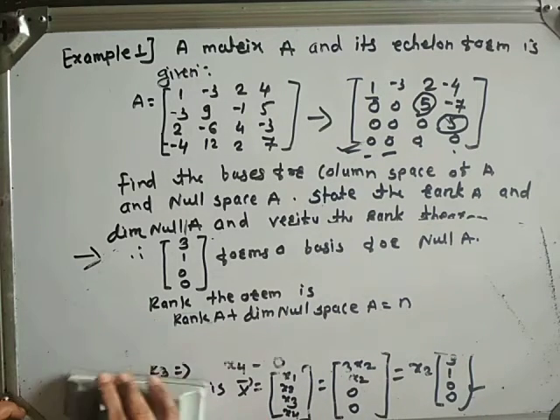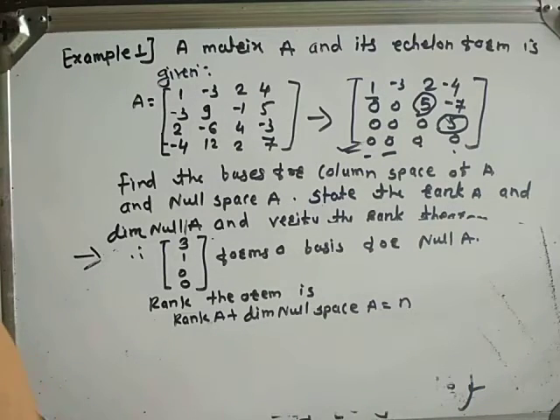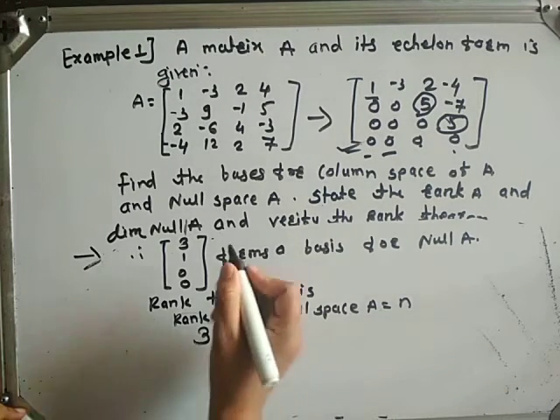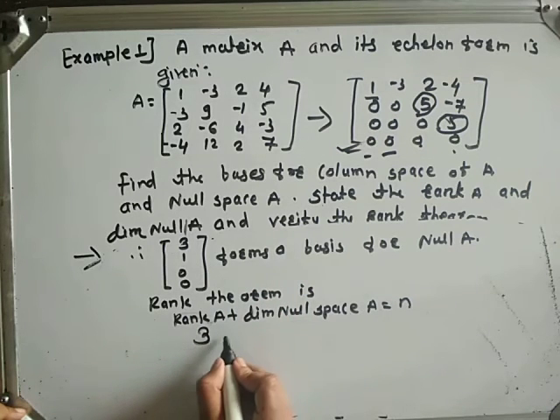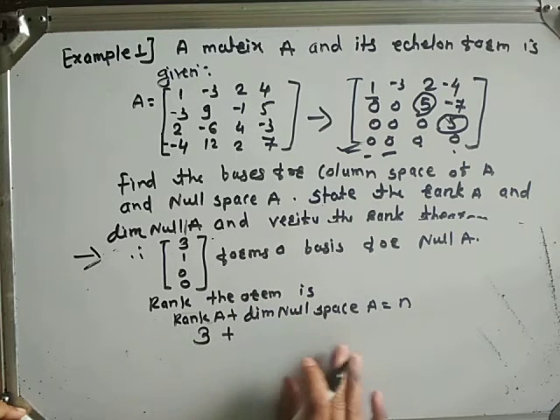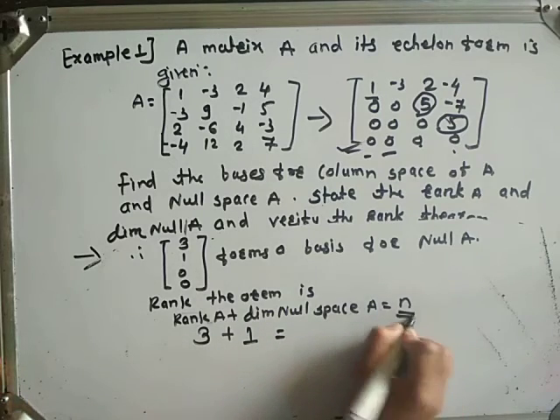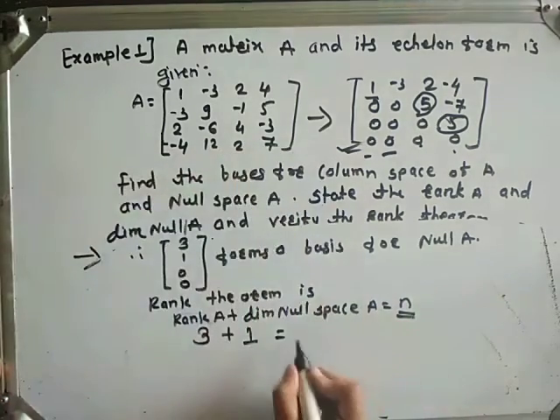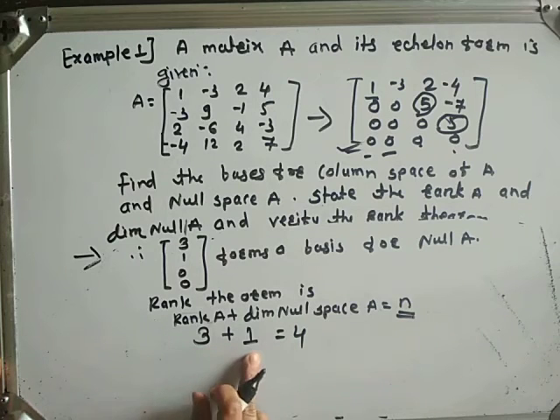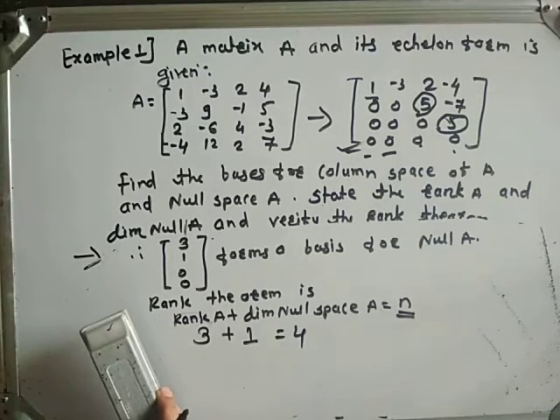See here, rank of A is equal to 3 as we have calculated, plus dimension of null space of A is equal to 1, which is equal to the number of columns. Here the number of columns is 4. See here, 3 plus 1 is equal to 4. Therefore 4 is equal to 4. Hence the rank theorem is verified.